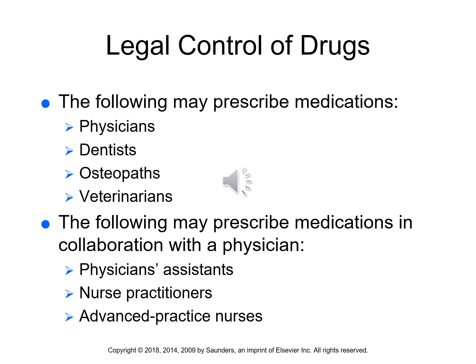Podiatrists can prescribe medications. And then, under the authority of a physician, a physician's assistant can prescribe, a nurse practitioner can prescribe, or an advanced practice nurse. All these individuals can prescribe medications as well, but like I said, those at the bottom have to be under the authority of a physician.